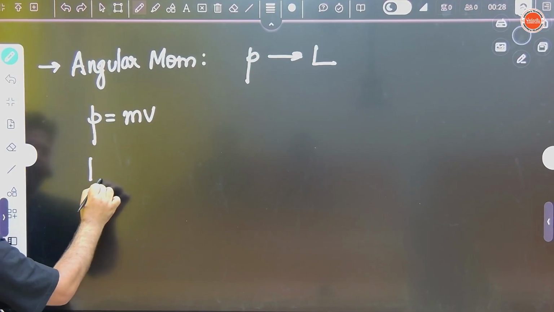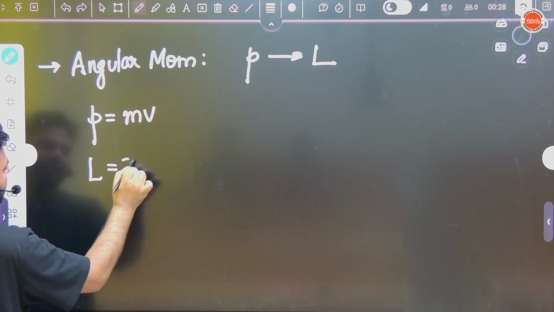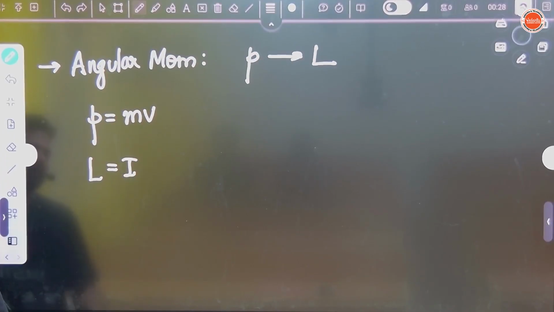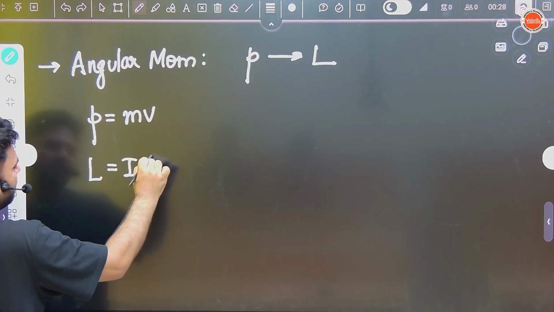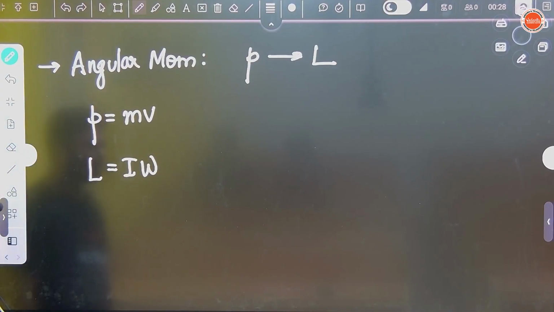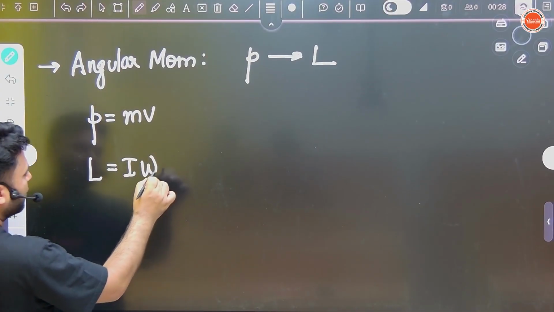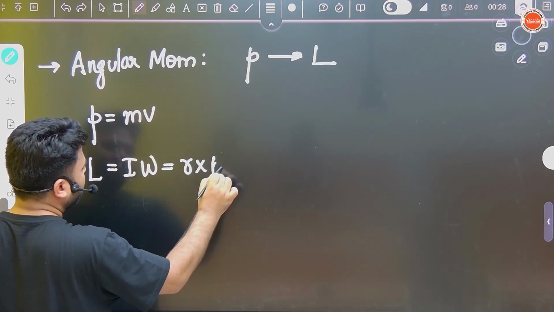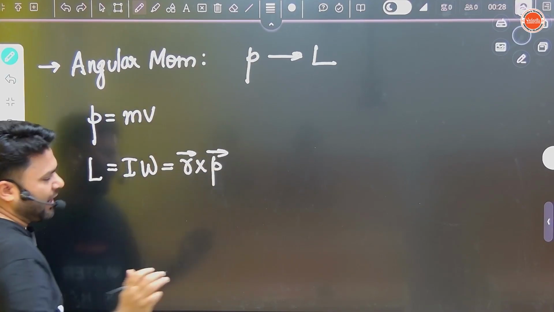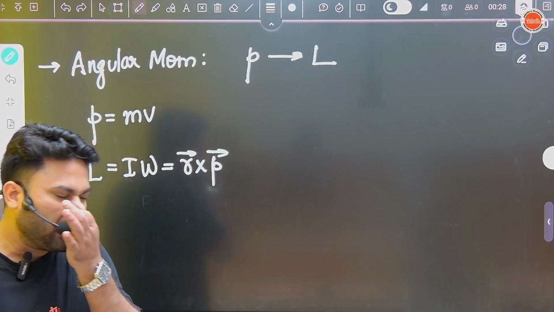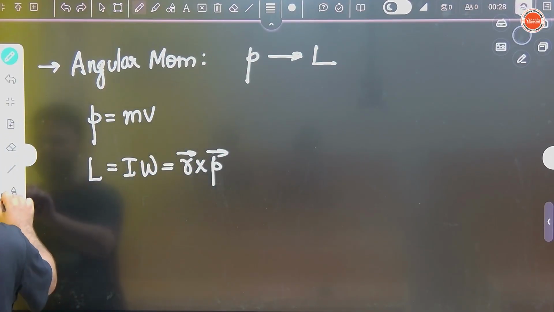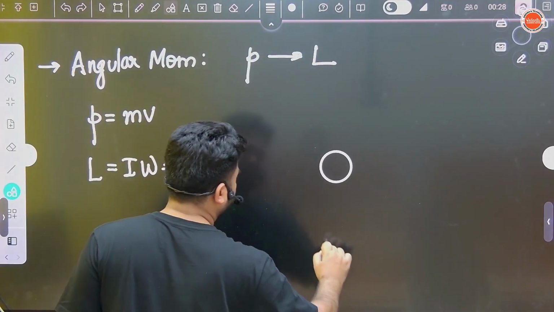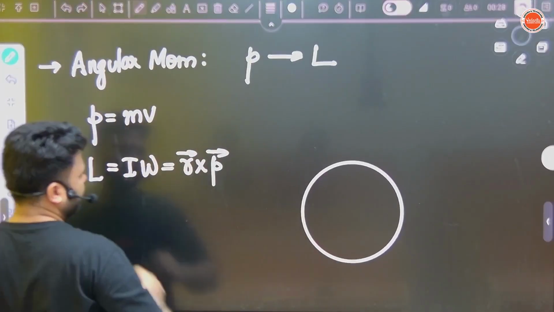What is the formula for angular momentum? In place of m, there will be moment of inertia. In place of velocity, there will be angular velocity. And there is one more formula, always remember, for angular momentum: r cross p. I will tell you what this is. For example, there is one object which is rotating like this.